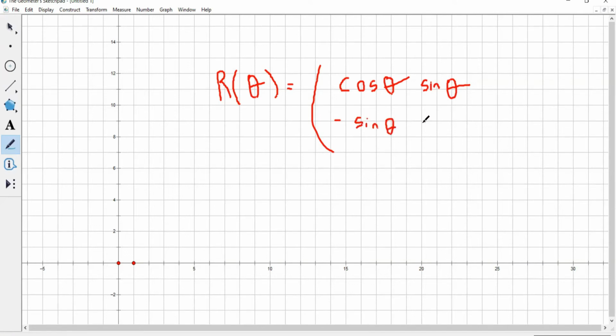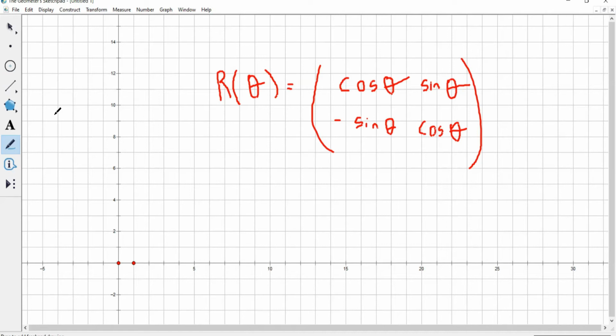This is going to give you what is known as the rotation matrix. So no matter what theta is, you can find out what the rotation matrix is. Instead of having to memorize all of them and then deciphering which one is which, when is it a 90-degree clockwise, when is it 90-degree anti-clockwise, just remember the rotation matrix. R of theta is cos theta, sine theta, minus sine theta, cos theta.